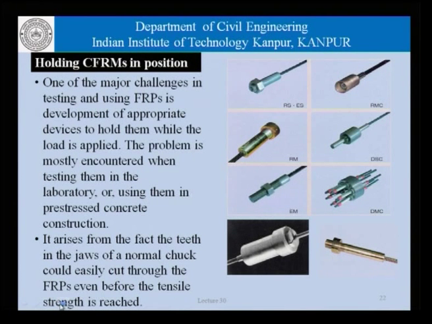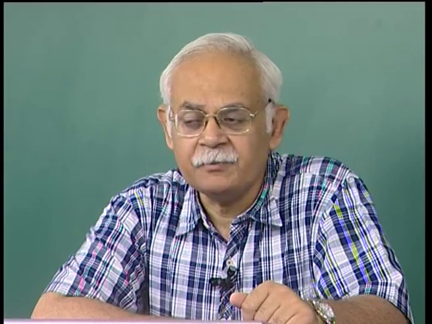The problem is mostly encountered when the testing is carried out in the laboratory or when they are used in pre-stress concrete construction. You know that in post-tensioned pre-stress concrete, the reinforcing tendon is to be held in position over a long period of time using a device which will anchor the tendon.